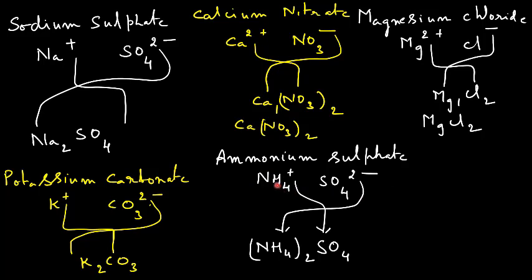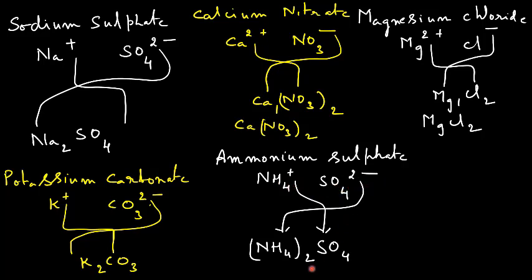Now another example, ammonium sulfate. Ammonium is the only polyatomic cation, NH4+: 1 nitrogen atom and 4 hydrogen atoms with 1 unit of positive charge. The sulfate radical is SO4 2−. The magnitudes of charges should be exchanged with one another.